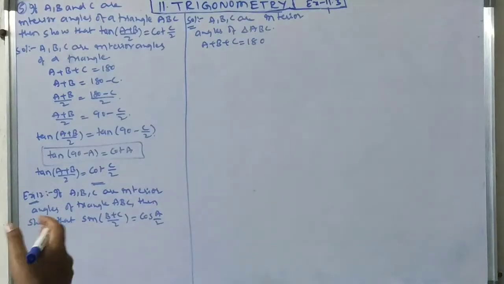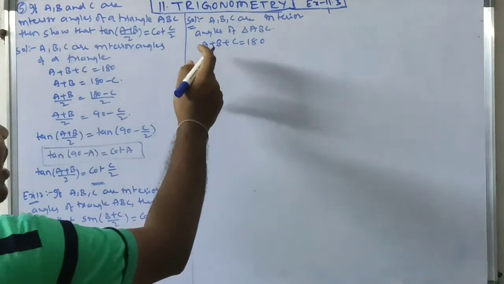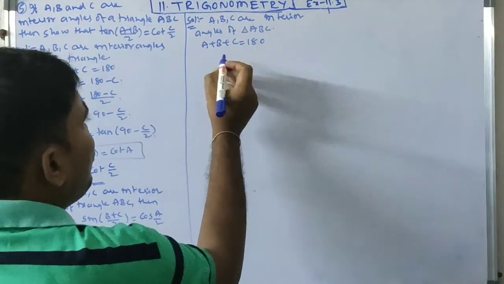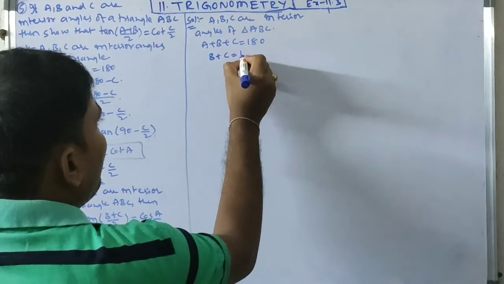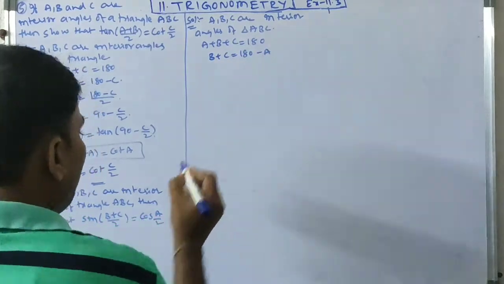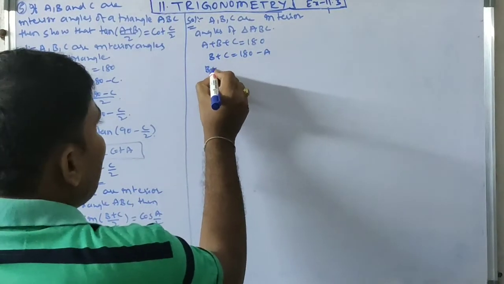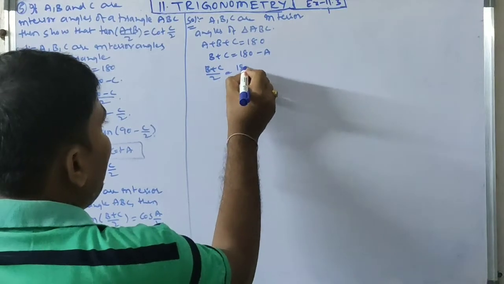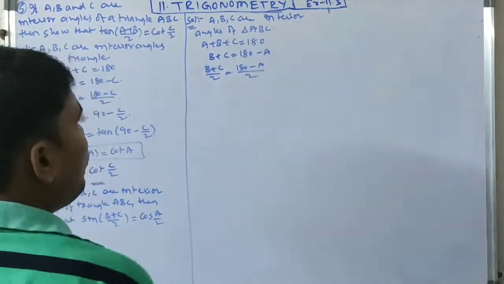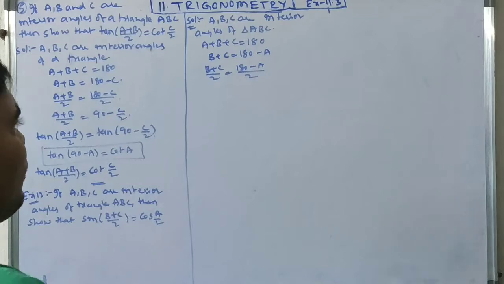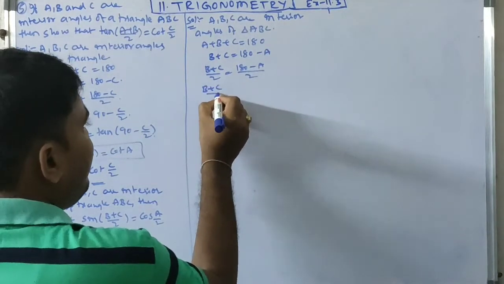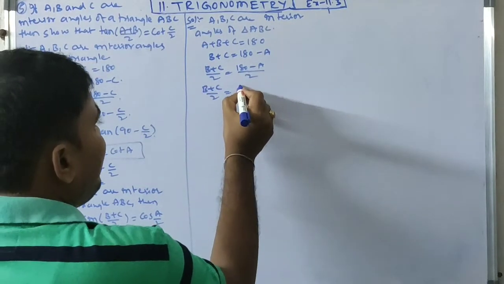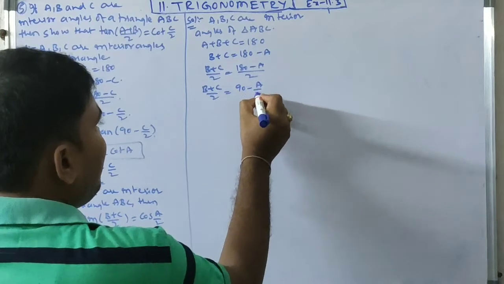Here we need (B plus C) by 2, so bringing A outside, B plus C equal to 180 minus A. Both sides divide with 2. So (B plus C) by 2 equal to 180 by 2, 90 minus A by 2.